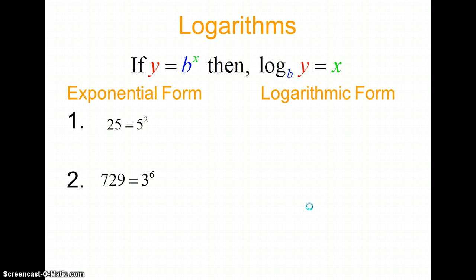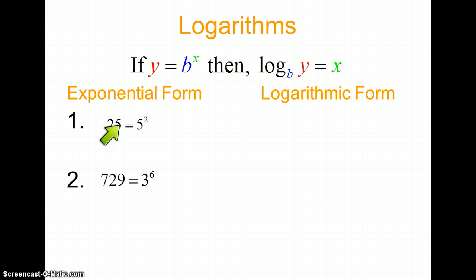What a logarithm is going to do is tell me exactly what my exponent is. So when I show you this in its exponential form with the exponent being the variable, when I use a logarithm, I put in my information and it should tell me what the value of the exponent would be. Now I'm going to do these two examples, which we know all the numbers for, just to show you how you would set this up.